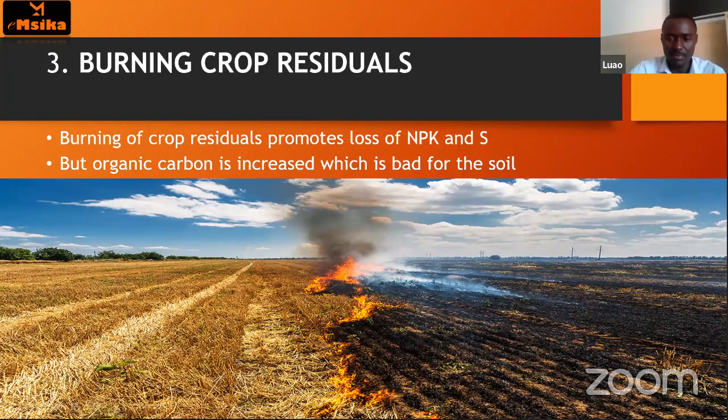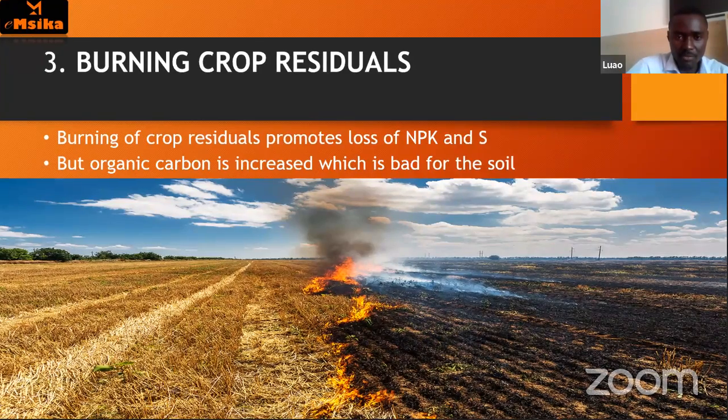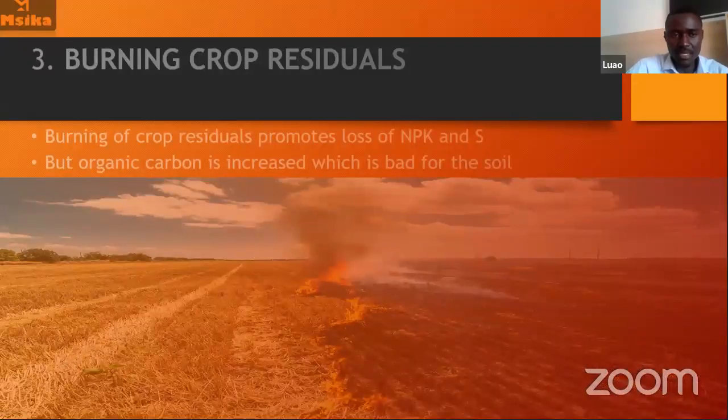Rain comes, and the chemical reactions between water and carbon, even some microbial activities, promote carbon-based acid, which in the long run will have an effect on the soil pH. So this is a very bad practice. It is not even recommended because it promotes greenhouse gases in the atmosphere and destroys the ozone.